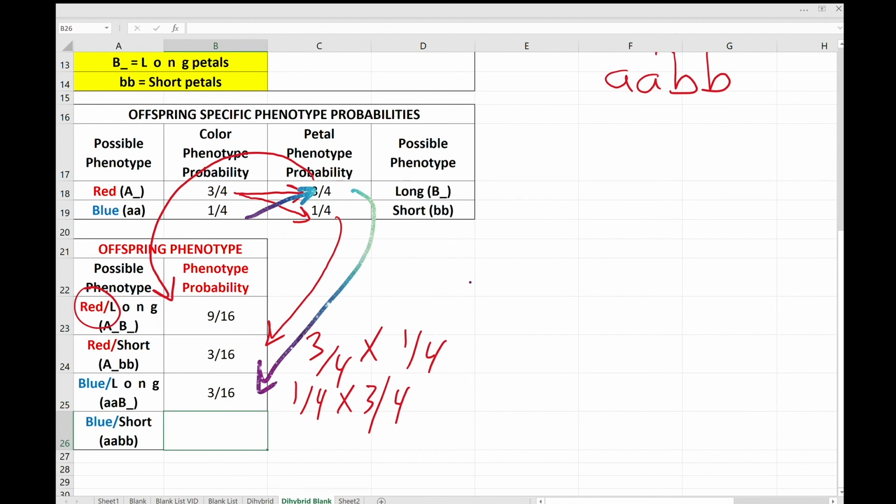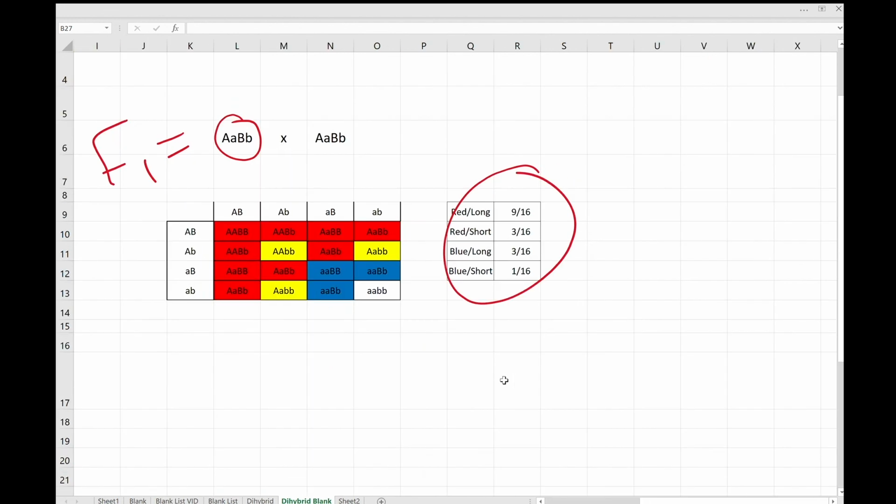And what about blue and short? Well, that equals blue times short, which equals 1/16. And now, as you see, we get a 9 to 3 to 3 to 1 ratio right here. And I'll draw it in fancy, sparkly colors.